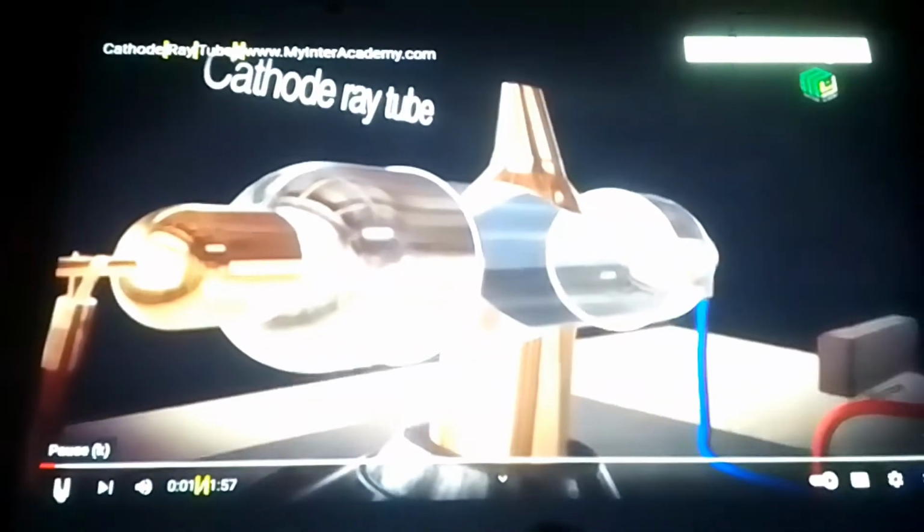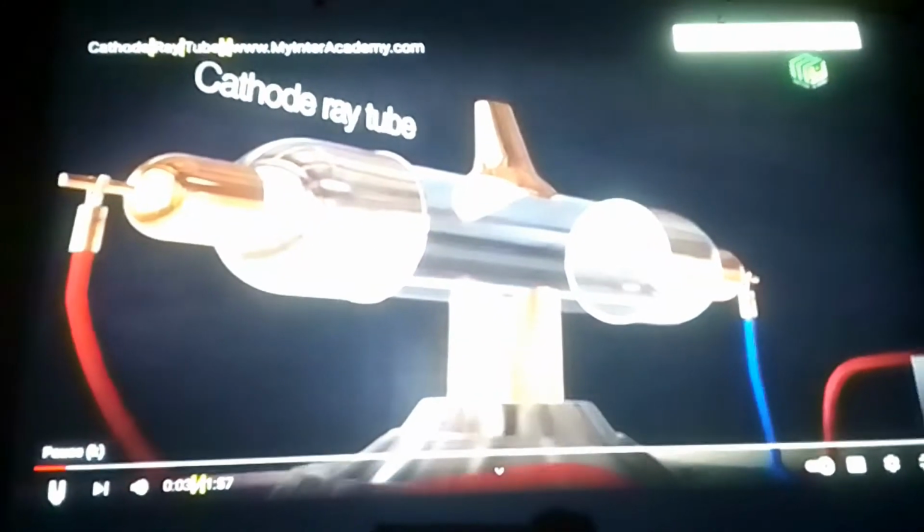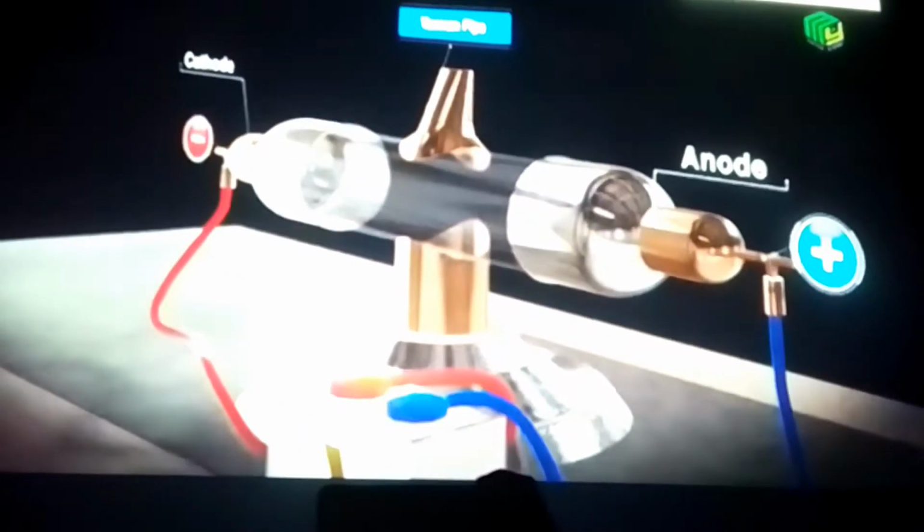Pump is used to evacuate the discharge tube. The cathode of the tube is connected to the negative terminal of the battery, and the anode of the tube is connected to the positive terminal of the battery. It was observed that, at normal pressure, the gas did not allow the current to pass through it.